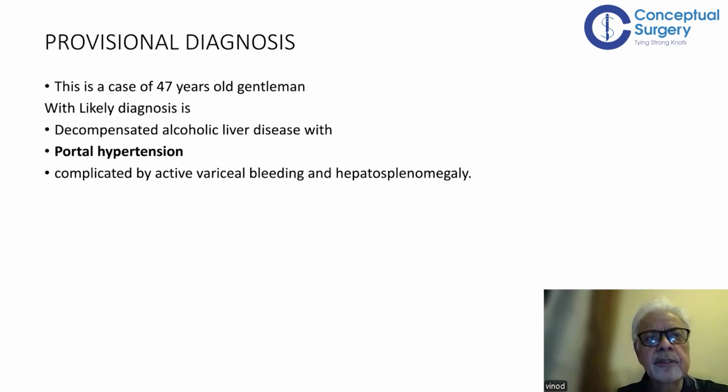Second is that when the obstruction is in the liver, there is a huge amount of lymph formation that seeps from the liver surface. When it is in the extrahepatic portal vein, there is no lymph that seeps from the liver surface. And when there is a block to the post-hepatic venous system, there is a huge amount of ascites because all these factors get combined and the pressure in the portal system rises extremely high.